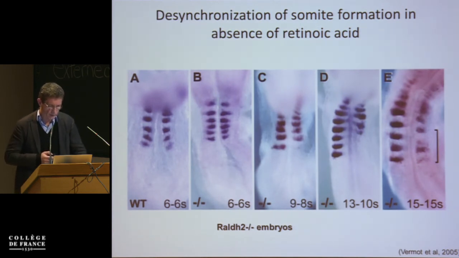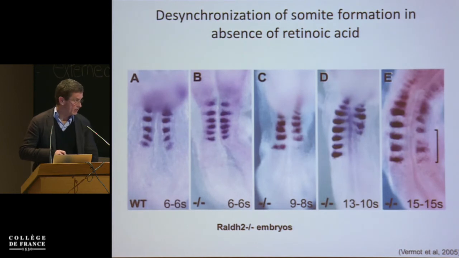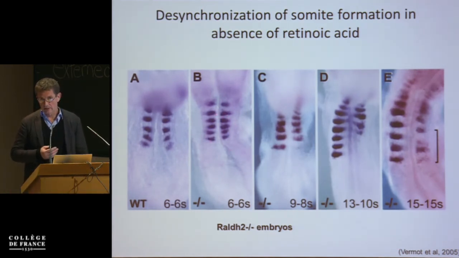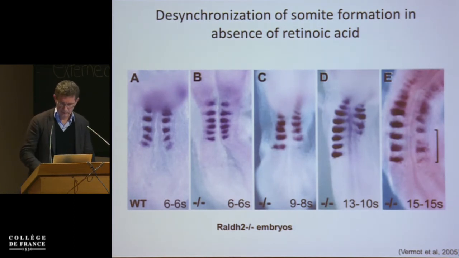And so the first important result in this area was generated by Julien Vermot when he was a student working in Pascal Dollé's lab, where he noticed that ALDH2, which is the biosynthetic enzyme involved in the production of retinoic acid signaling, when you knock out this gene in the mouse, the embryos exhibit a striking desynchronization of somitogenesis between the left and the right side, such that somitogenesis becomes delayed on the right side.